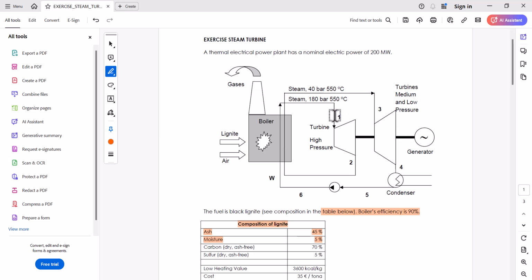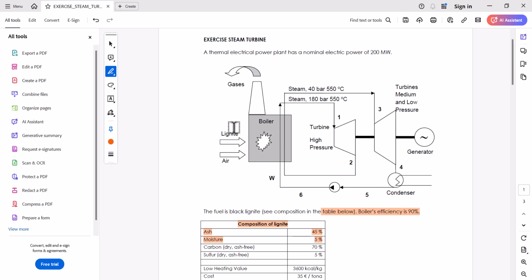So if you follow stream 1, where steam at 180 bar and 550 degrees Celsius is entering the high pressure steam turbine and leaving at 40 bar, then going back to the boiler again and entering the second low pressure or medium pressure steam turbine after reheating to 550 degrees Celsius again, and then it leaves at 0.04 bar to the condenser.